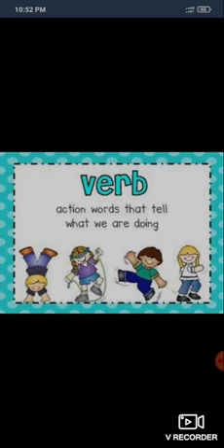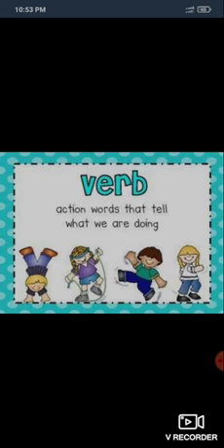Here, what is a verb? First we have to understand this concept. In parts of speech, this is also an important part of speech. Already we studied noun and pronoun. Now the next one is verb.